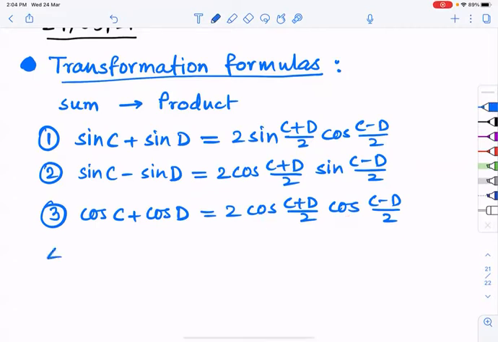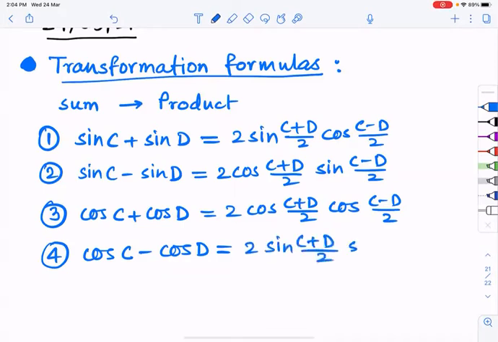But when I have cos C minus cos D, then we will be having 2 sine (C plus D) by 2, both will be sine in this case. But the last angle is not C minus D, it is D minus C by 2.